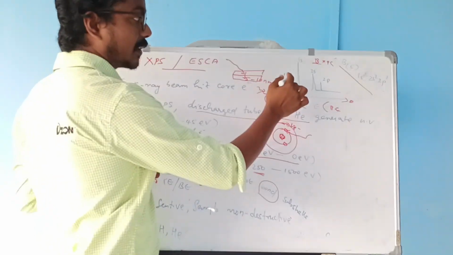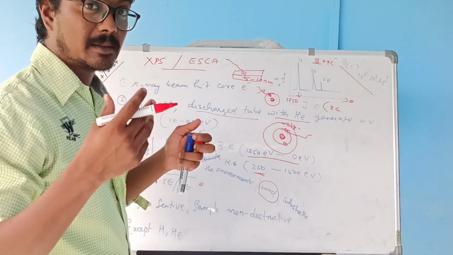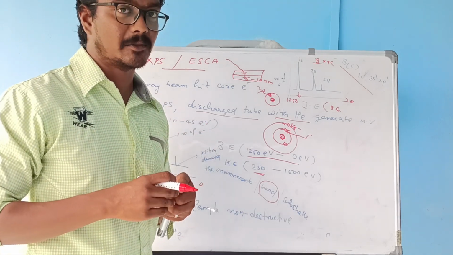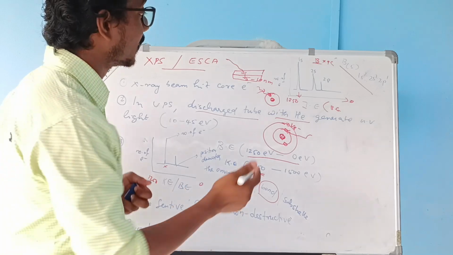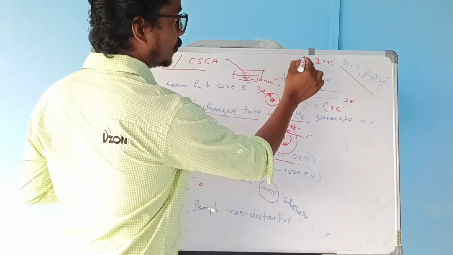The energy required to remove the 1s electron is very high, because it is very close to the nucleus, so the nuclear charge is very high and the ionization energy required is also more. So this belongs to 1s, and the number of electrons represented is 2.